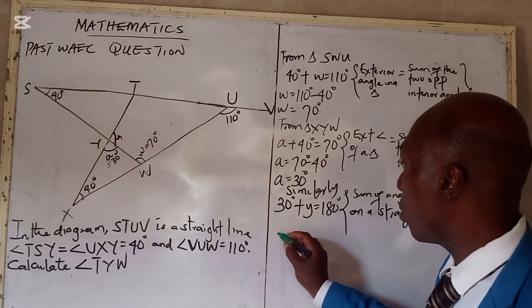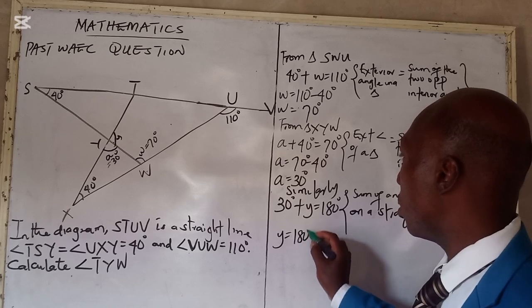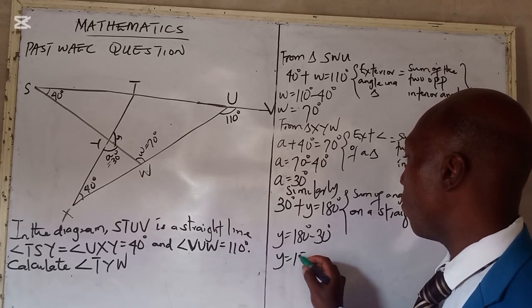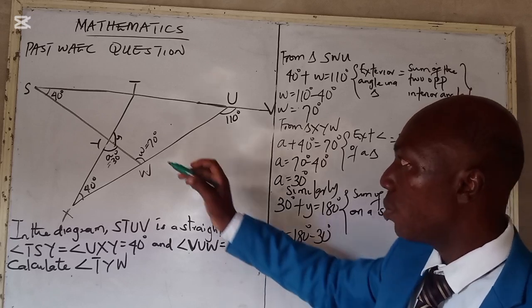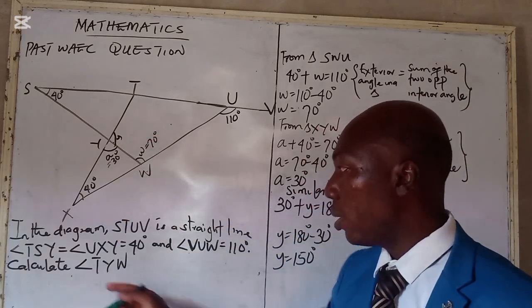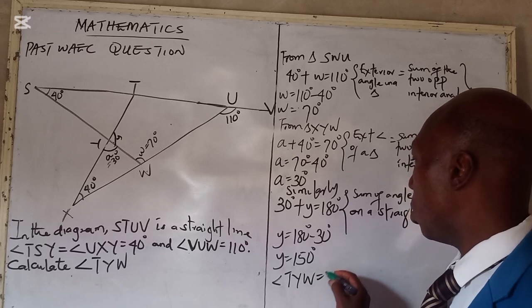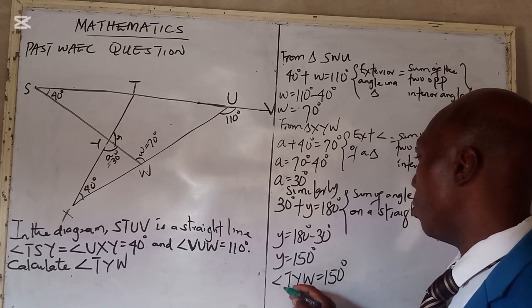So y will be equal to 180 minus 30. So y is equal to 150 degrees. So this our y, which is equivalent to angle TYW, equals 150 degrees.